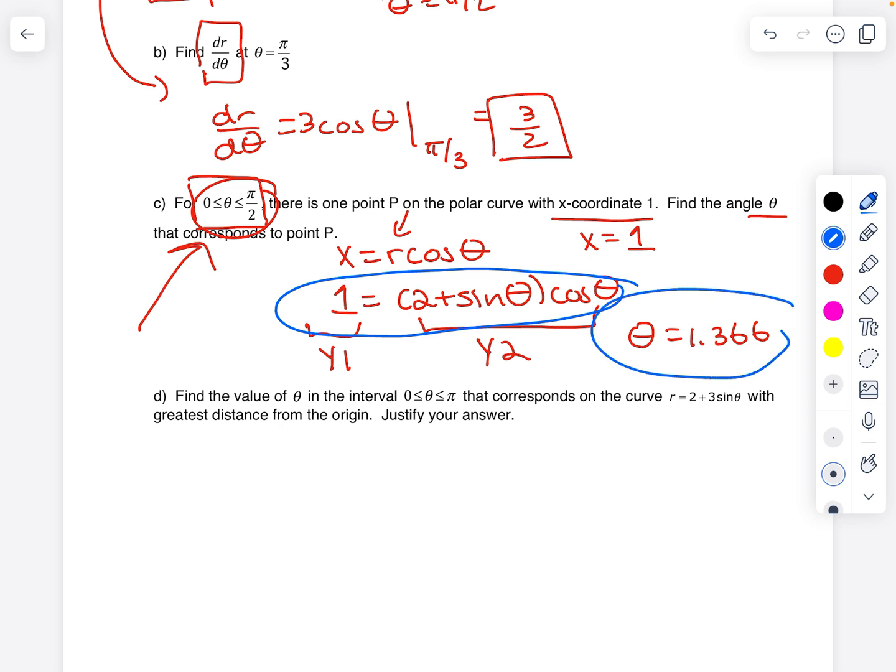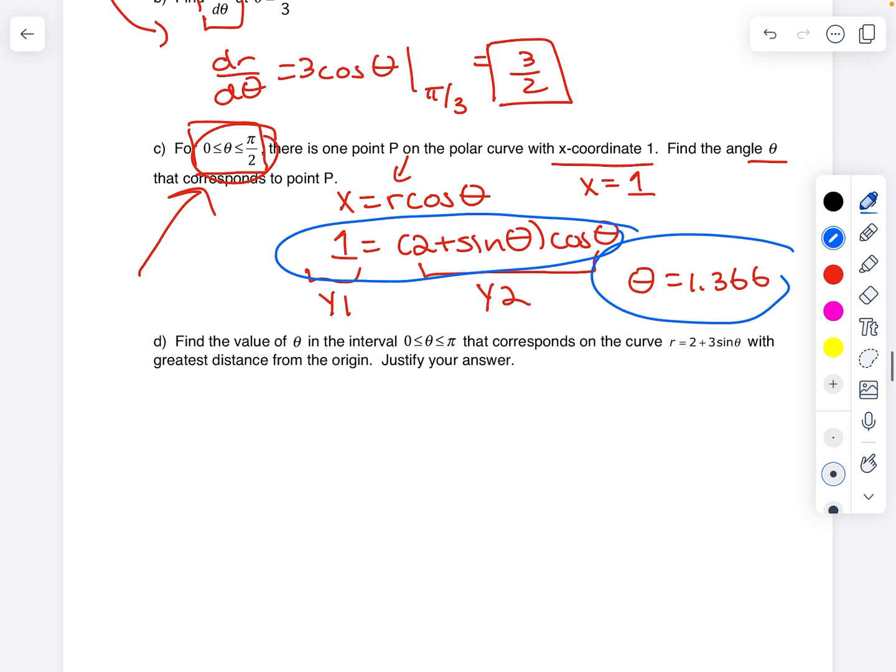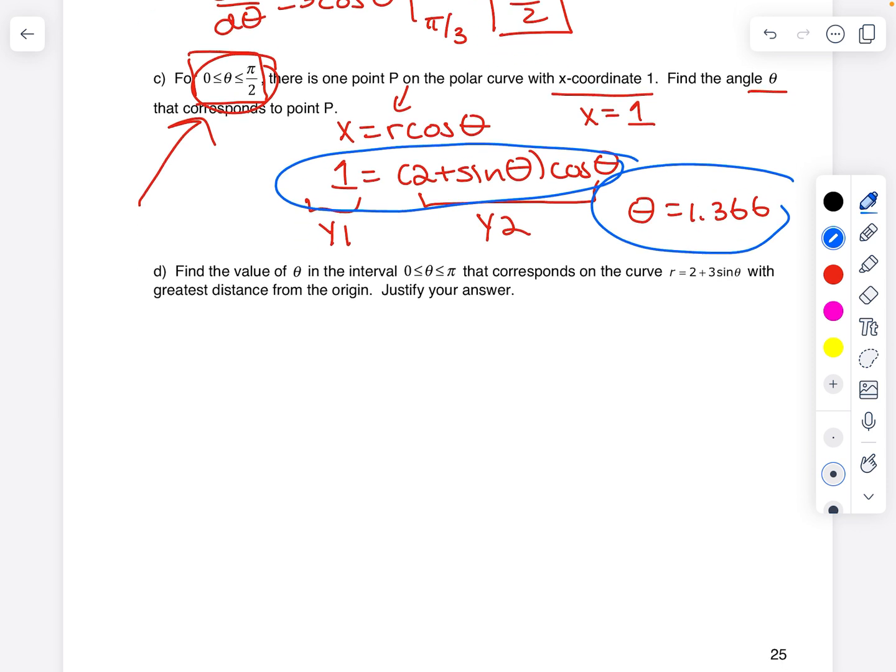Okay. Last one here says, find the value of theta, and we're only looking at this interval, that corresponds on the curve with the greatest distance from the origin. Okay, so we're looking for, the word greatest is another word for max. So we're talking about max of something. I want the distance from the origin.